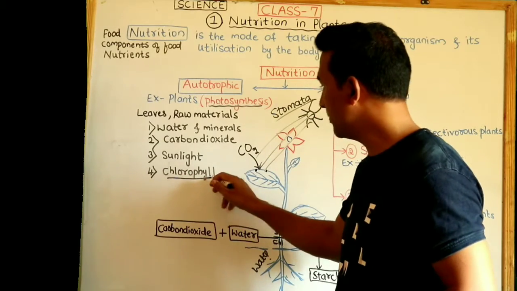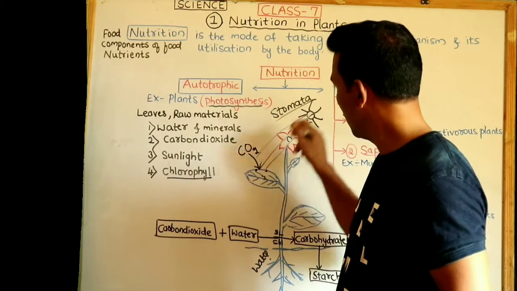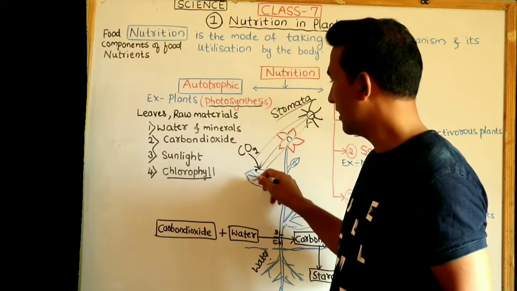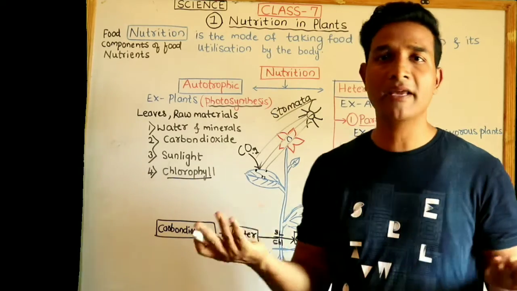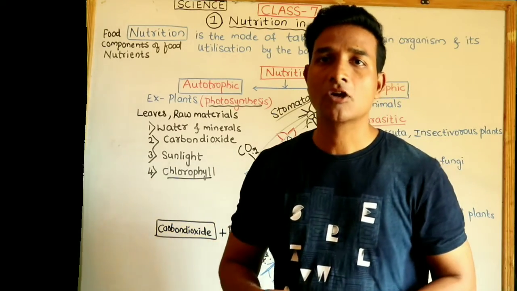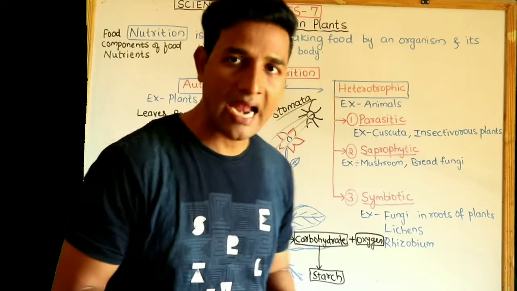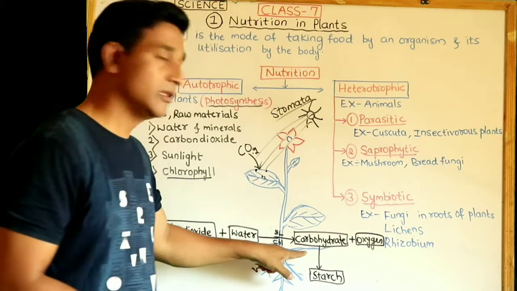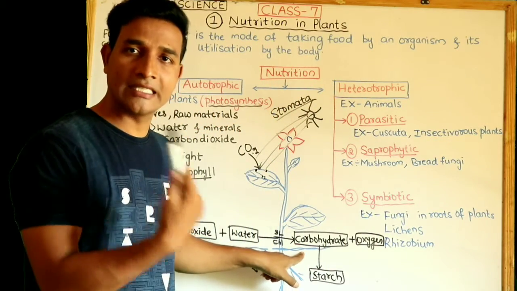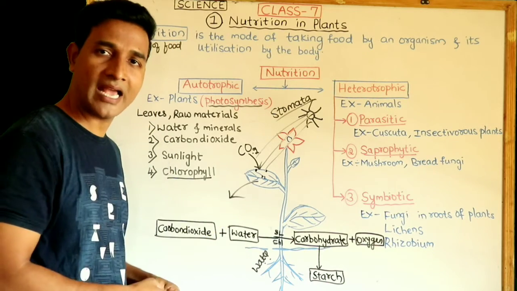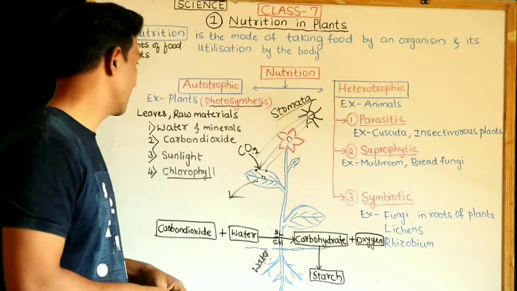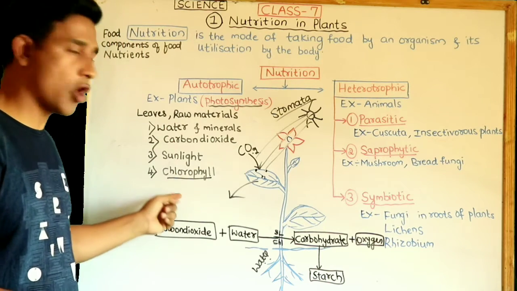This chlorophyll pigment present in the leaf will absorb sunlight, and by using carbon dioxide and water, they prepare food that is called carbohydrates. They also release oxygen. So oxygen will come outside, carbon dioxide will go inside. These are the raw materials.